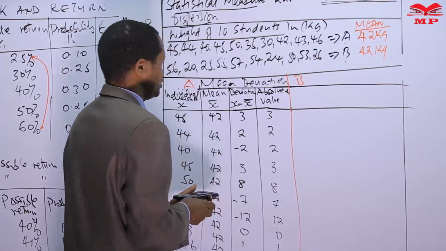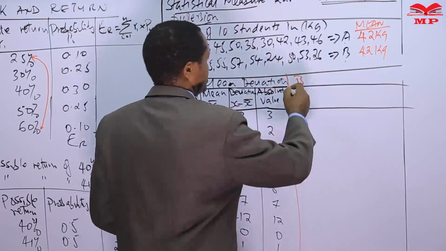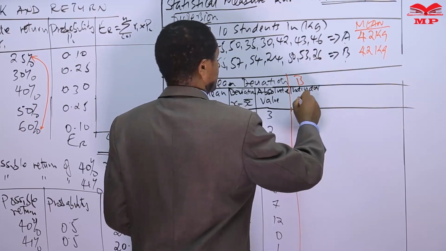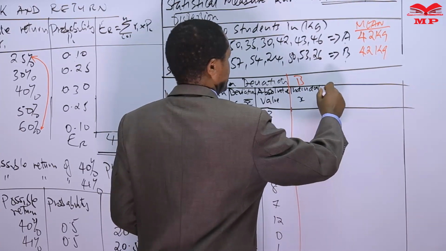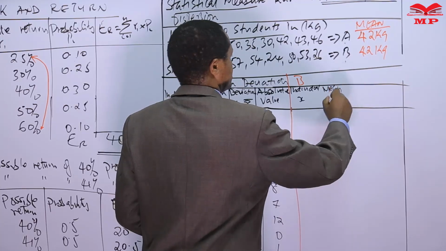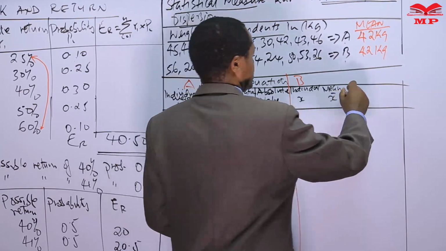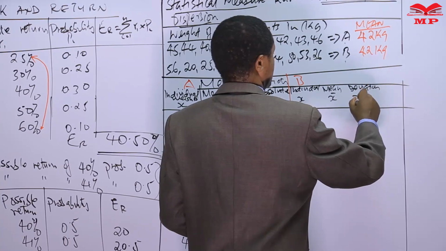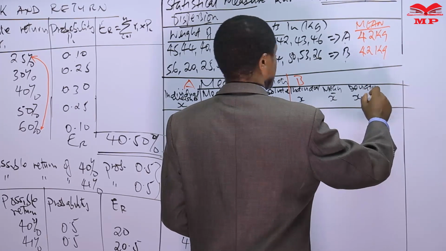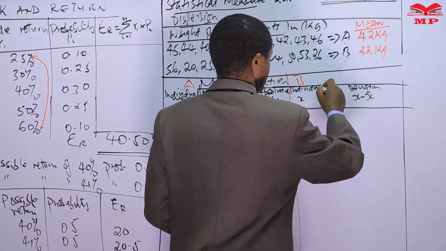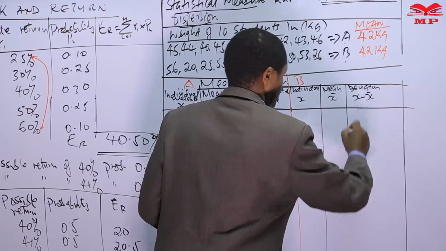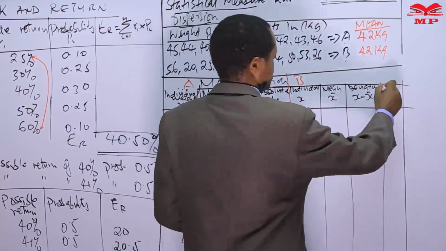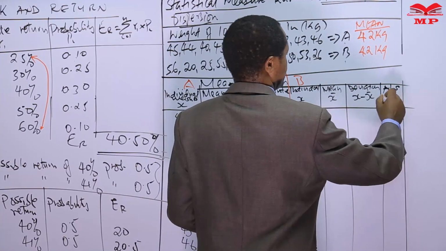For class B, we start with the individual weights X, the arithmetic mean X bar, the deviation X minus X bar, and the absolute values.